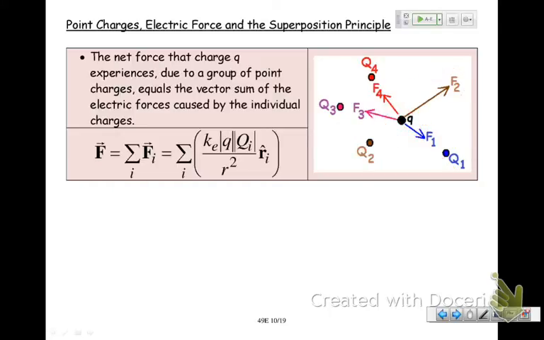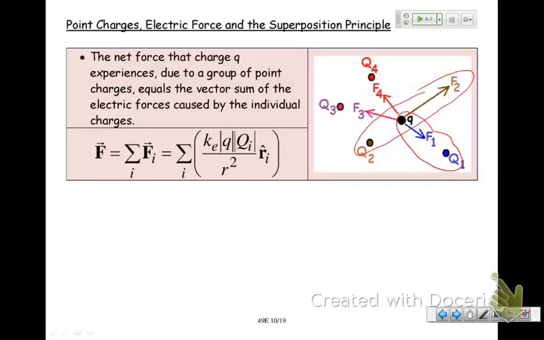These forces are being caused by these different neighboring charges. One of the most common misconceptions is people tend to think that if I know the force caused by Q1 in isolation, when there's no Q2, Q3, Q4, and then I have a Q2 added, somehow the addition of this charge detracts or adds to the force F1. It's a bit like attention.